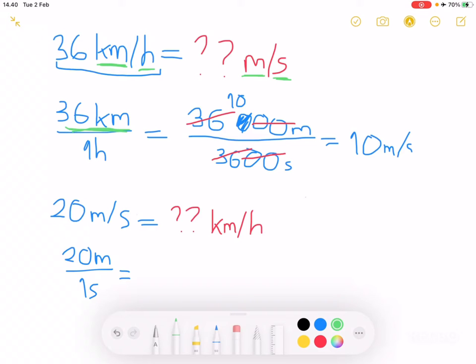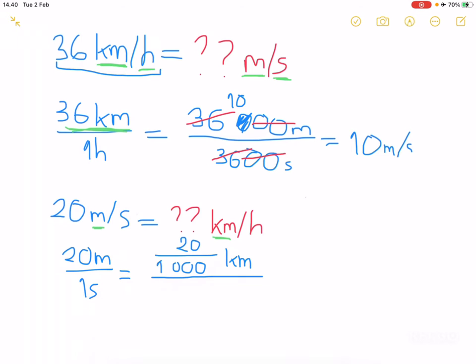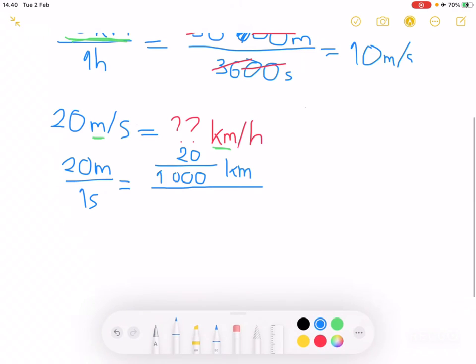First look at the units for the distance. You may ask yourself, how many kilometers is 20 meters? Well, you can just divide 20 by 1,000, because 1 meter is 1 over 1,000 kilometers. So we can write the units right here, and then this is all over, I'll scroll down the board a bit.